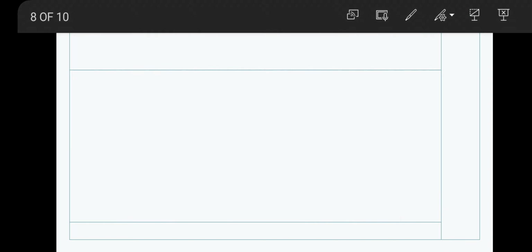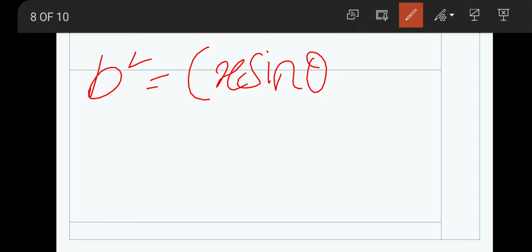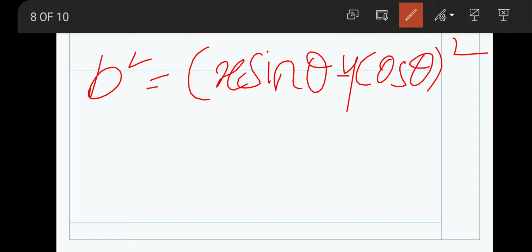Coming to b square, what's b square? I'm using the same formula. b square equals x sin theta minus y cos theta whole square. Again, the a plus b whole square formula.